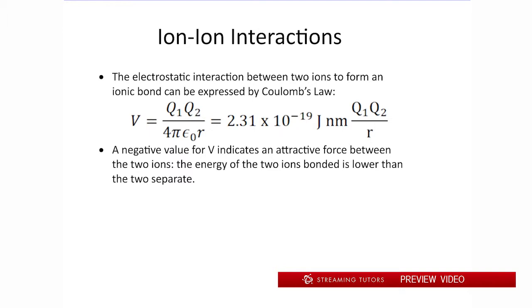That's largely based on the distance between them, and more important for us, the magnitude of their charge. So let's say we have a +1 cation here and a -1 anion here. There's going to be an attraction, an intermolecular force, between the two ions that's based on Coulomb's law.